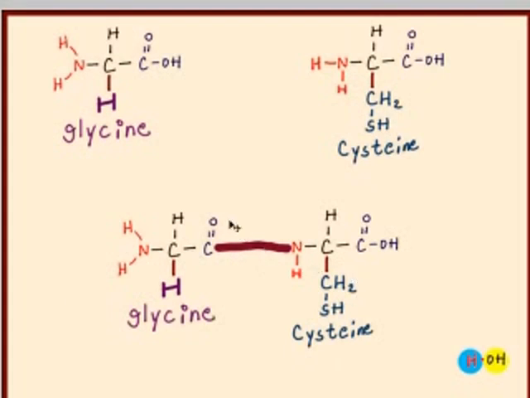Okay, let's start naming some things. Actually, let's just stop here on this slide, and so we see what we formed. Let's just get a review. We have the amino acid glycine, and we have the amino acid cysteine.